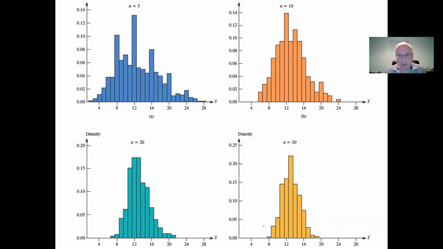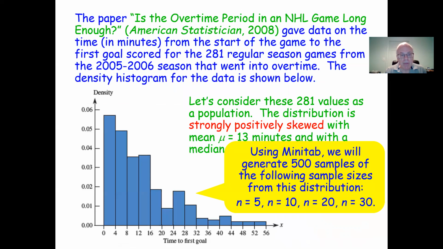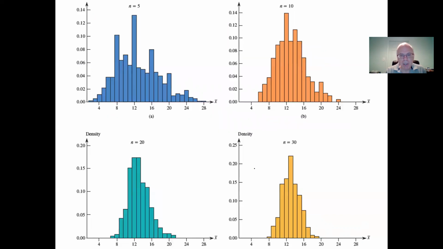Hardly any skew at all there. So once again, if you go back, there's our population histogram, very skewed to the right. And look at when n is equal to 30. The sampling distribution is approximately normal.